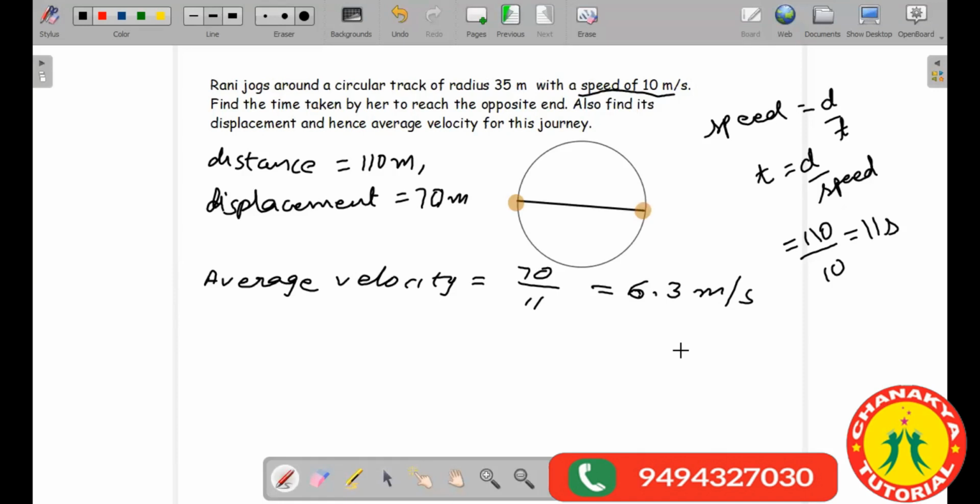The circumference would be given by 2 pi r, so the distance that she traveled will be just equal to pi times r. Pi is 22/7. Multiply with 35. So you get 110.